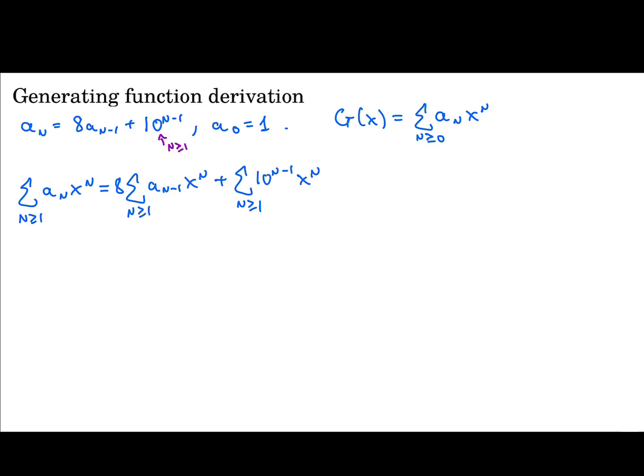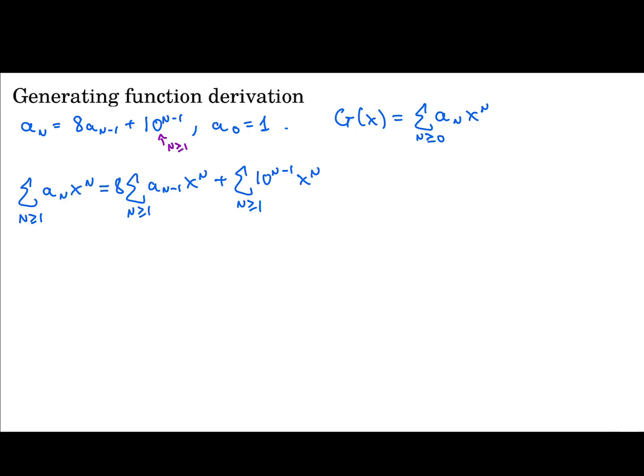Okay, and now we want to be able to do some algebra here to obtain g(x). And of course, we're going to have the typical issues that sometimes indexes are not starting at the right place, and that these are matched, but these ones are not matched. So let's start by making the indexes in the right place.